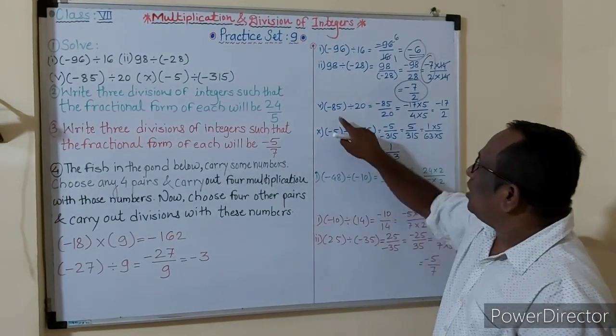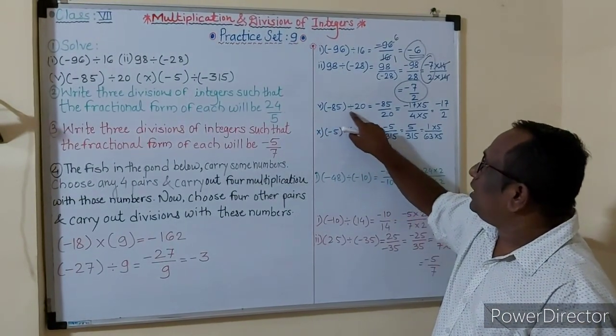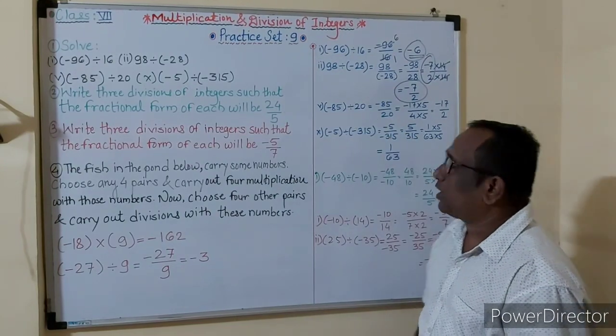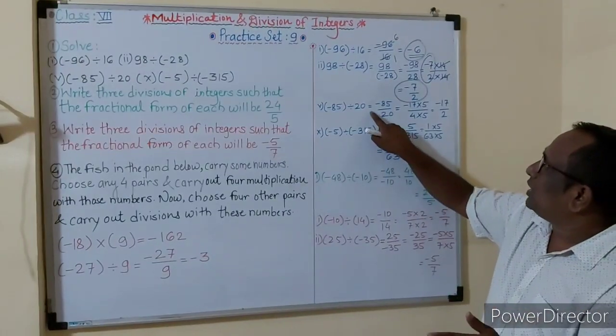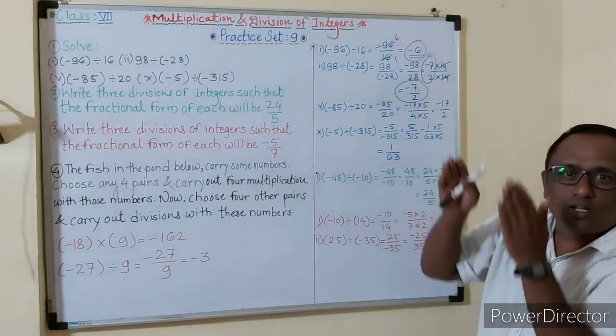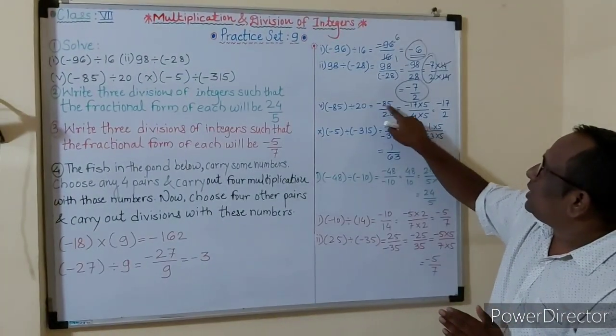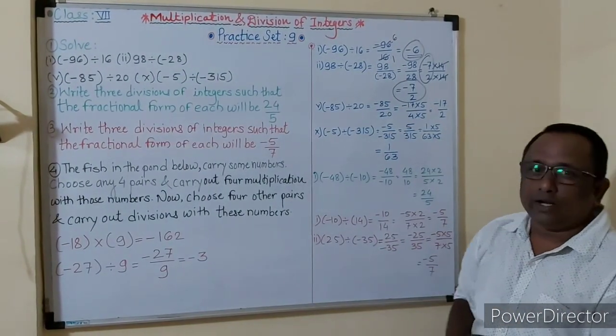Here students, minus 85 divided by 20. What is the next step? We have to write it in numerator and denominator form. So minus 85 upon 20.